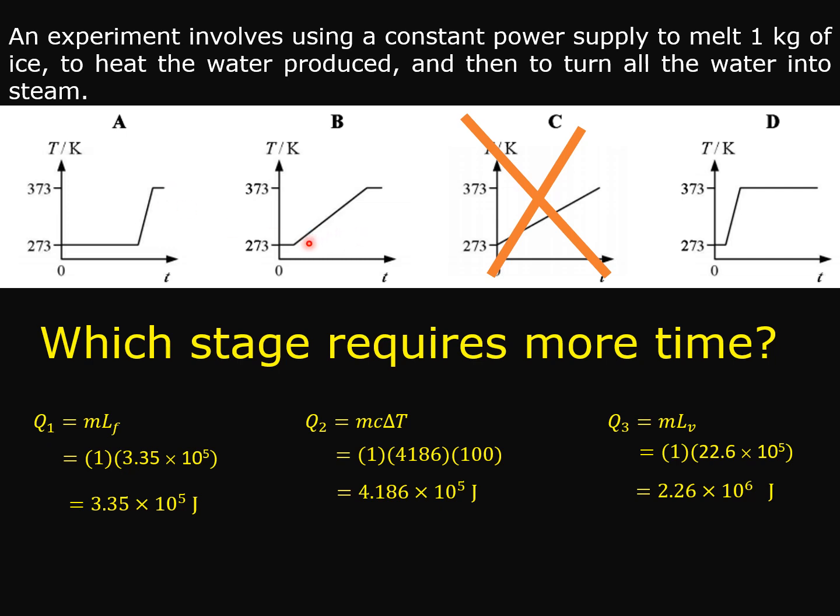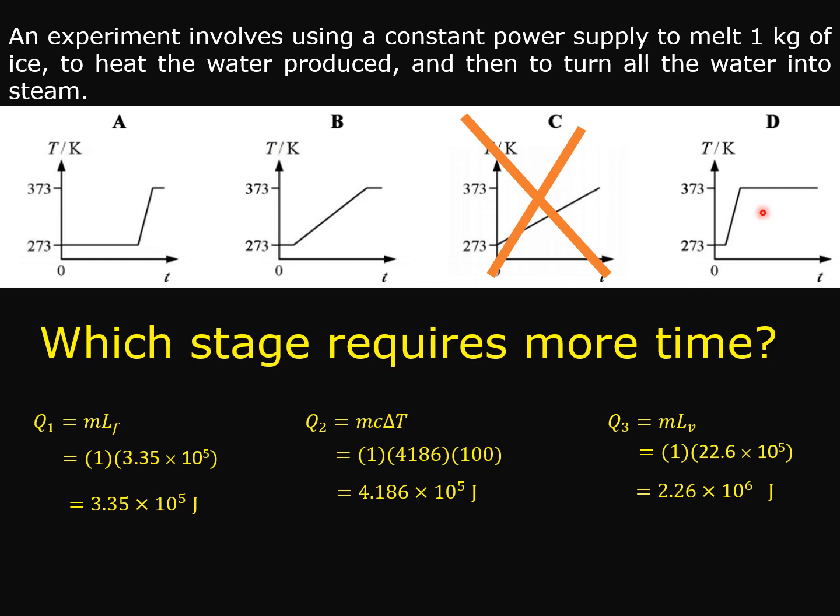And for B, you see the first stage and the third stage, the time taken for the system to heat is the same. The longest one is the second stage. So that means B also cannot be the answer.